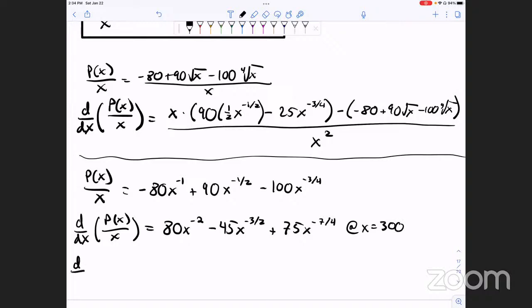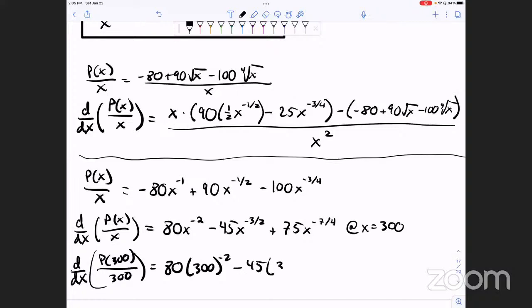So then d by dx of the average profit at 300, essentially. Basically, I'm just going to plug in the 300 for all the x's. So we're going to have 80 times 300 to the power of negative 2, minus 45 times 300 to the power of negative 3/2, plus 75 times 300 to the power of 7/4. Okay. I'm going to put this in my calculator and let's see what happens.